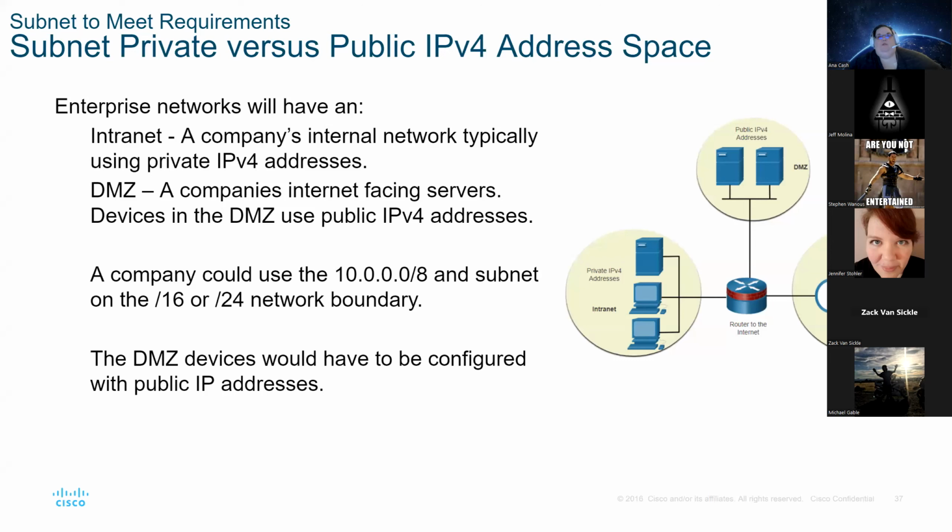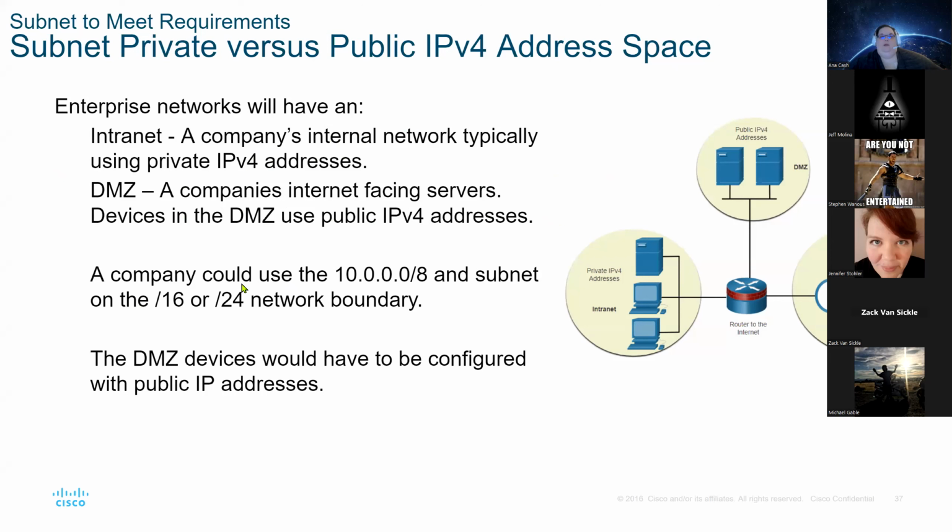Okay, so private versus public address spaces. Enterprise networks will have the intranet. That's your internal network, typically using your private addresses. DMZ, company internet-facing servers, devices in the DMZ use public. So DMZ is a demilitarized zone.